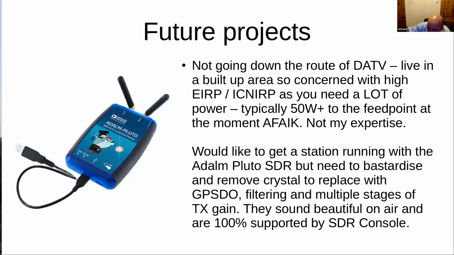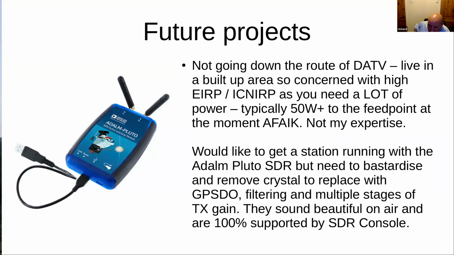People get some really good results, and from what I understand, given different types of compression algorithms, you can probably get away with doing HD transmission through the bird with less power, but it's something I might look at in the future. But the ADALM-Pluto from Analog Devices is a really interesting platform.